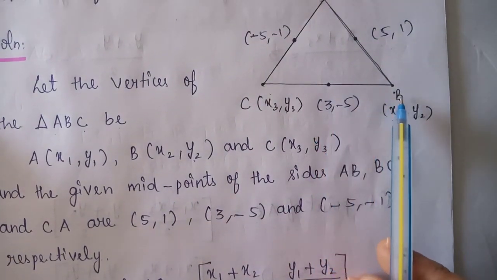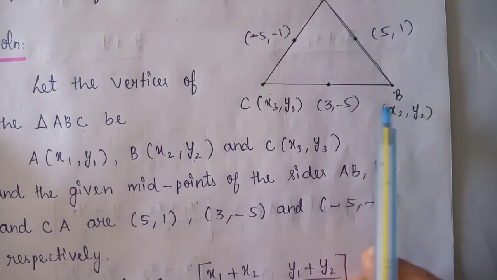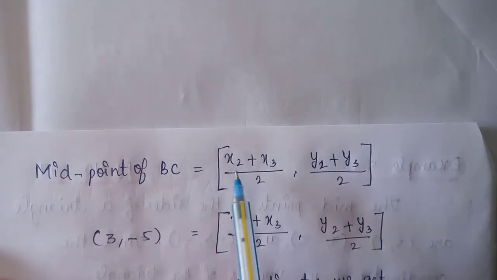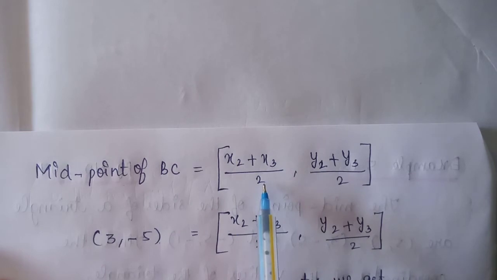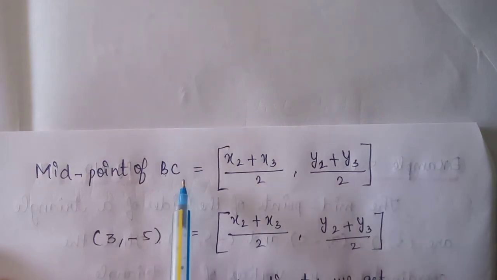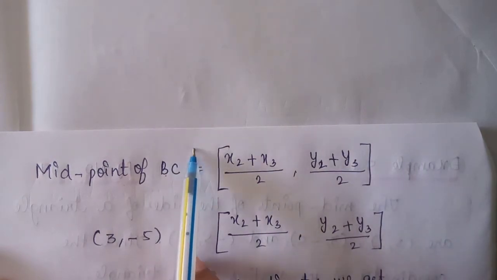So similarly, by using the midpoint formula you just form the equations. Next you are going to find BC. The midpoint of BC is equal to ((x2 plus x3) by 2, (y2 plus y3) by 2), because the B coordinate is (x2, y2) and the C coordinate is (x3, y3).